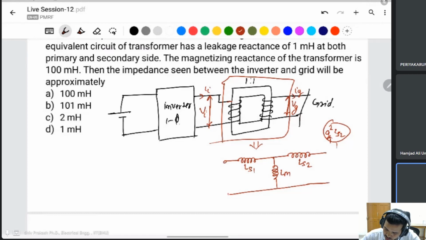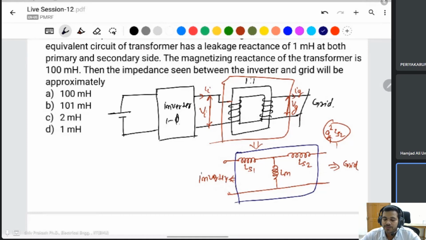These are connected to the inverter. This side is the inverter, this side is the grid. It is asking what is the impedance between the inverter and the grid. You can't see it directly like a T type of network here.